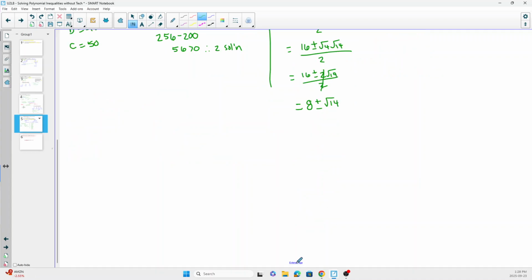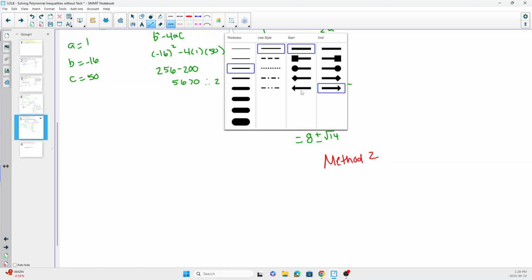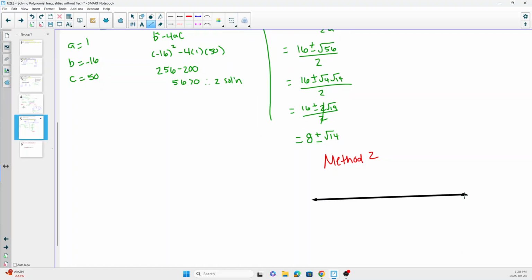So again, we can look at both methods. Let's say for method 2, we want to draw ourselves that number line, and we will have only 2 intercepts on it. We don't know the value of them, but we can get them. Of course, 8 minus the square root of 14 is going to be less than 8 plus the square root of 14.